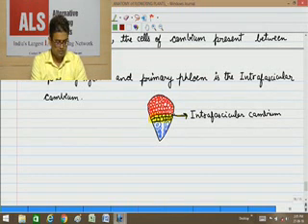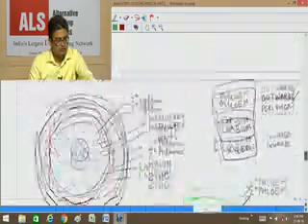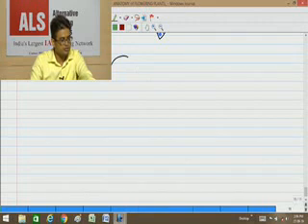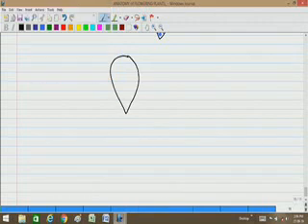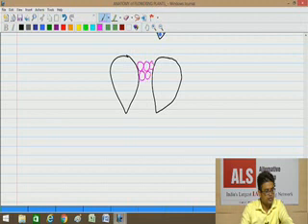Now what is the interfascicular cambium? So you will write now. Look, just between two vascular bundles, the cells which are present here, like this, these are called medullary rays. They help in lateral conduction of water. So these are the medullary ray cells, which are parenchymatous cells.